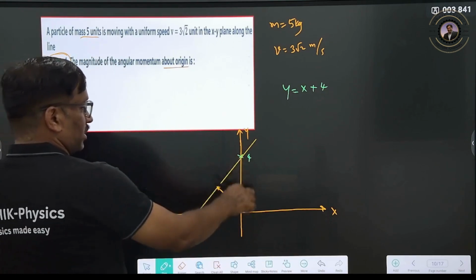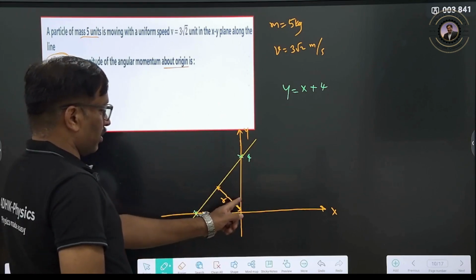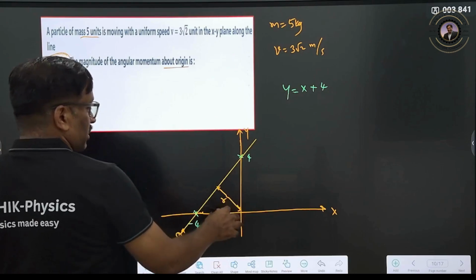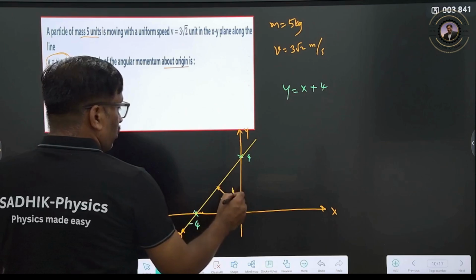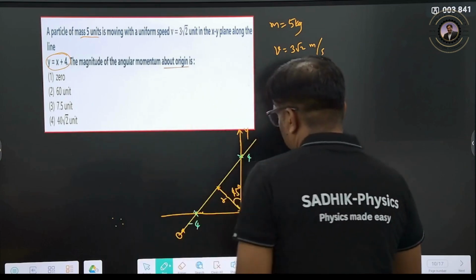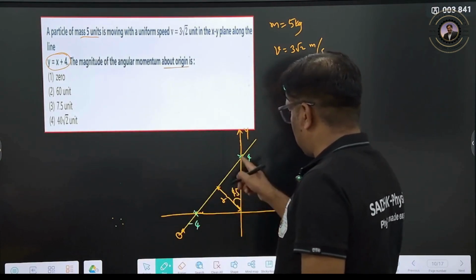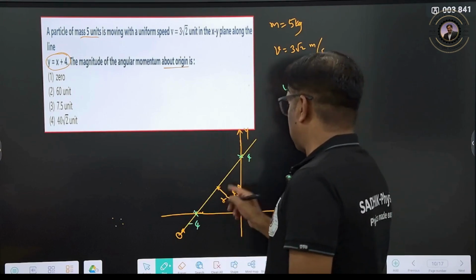But here this distance is 4, this distance is also 4, that means exactly 4 and 4. This is 90 degrees, we are dividing exactly at the midpoint, so this is about 45 degrees. Now this distance is 4, and this distance is nothing but r.